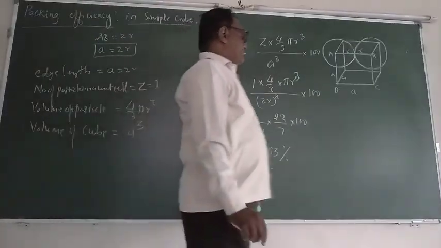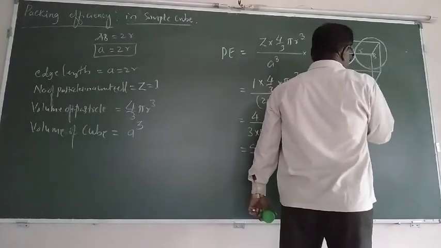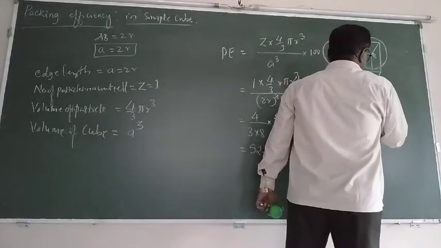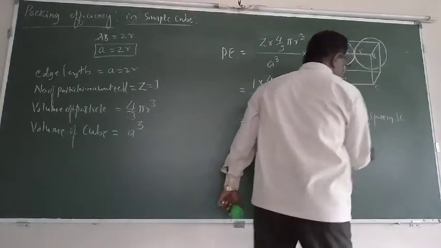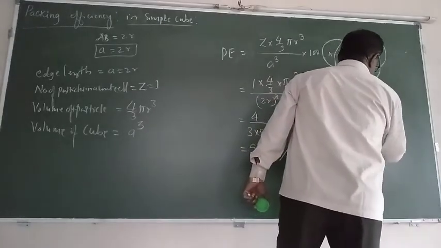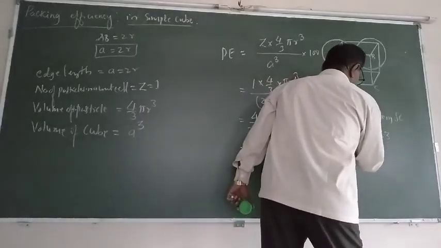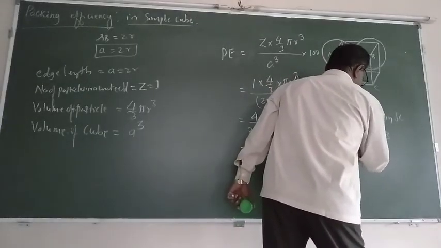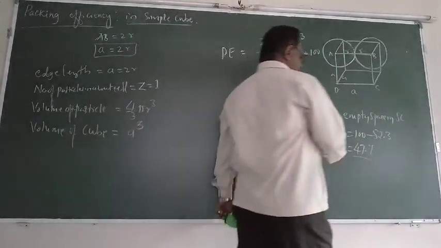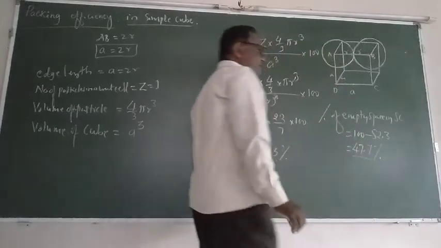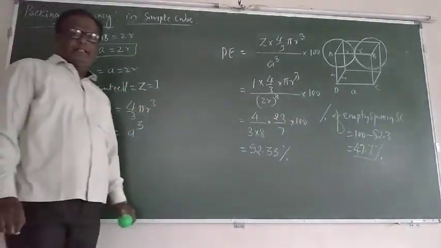Now the percentage of empty space in a simple cube is equal to 100 minus 52.3, that's nothing but 47.7. 47.7 is the percentage of empty space in the simple cube arrangement.